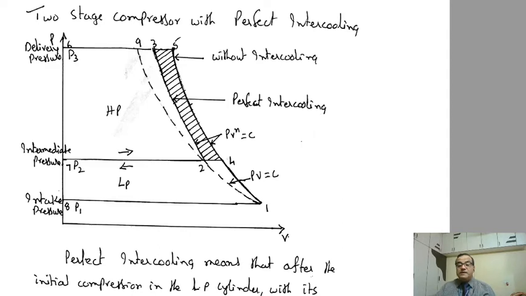Let's assume that there are two cylinders, the low pressure cylinder as the first cylinder and the high pressure cylinder, which is basically the second stage part. The second stage happens between 2, 3, then 6, 7. So this is the second stage. If there is no perfect intercooling, then it will be 4, 5, 6, 7. If it is perfect intercooling, 2, 3, 6, 7.